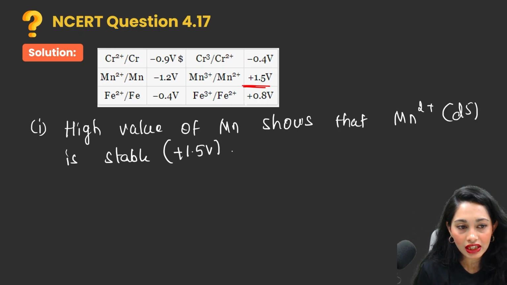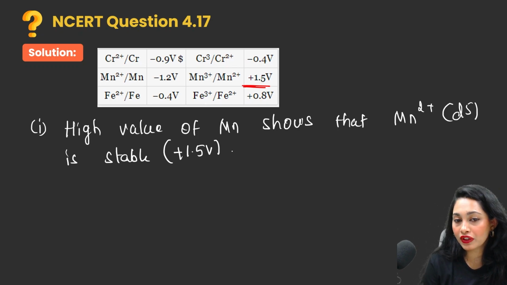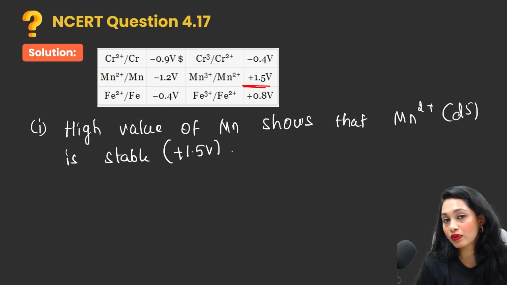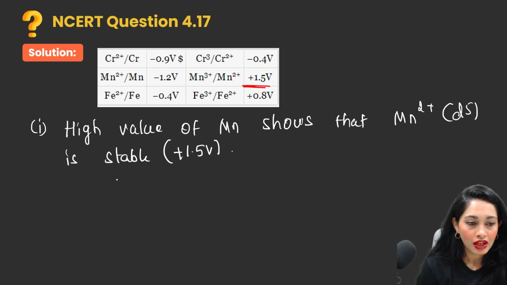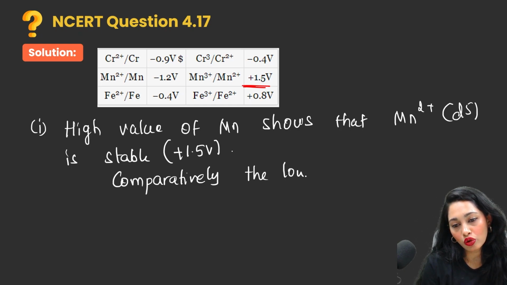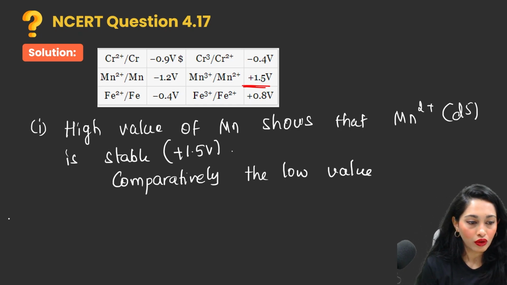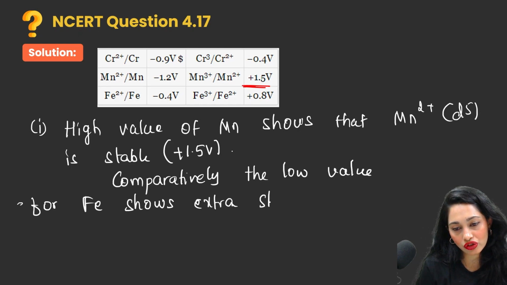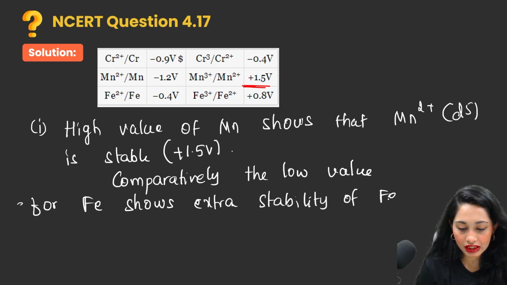So comparatively, for iron, Fe3 plus to Fe2 plus, the standard electrode potential is quite a bit less, it is plus 0.8 volt. So the low value for Fe shows extra stability of Fe3 plus.